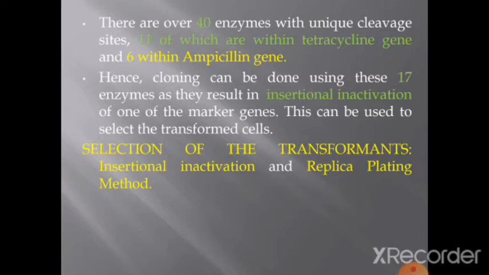By inserting the DNA of your choice, you are making the tetracycline resistance gene inactive so that it will be susceptible to that particular antibiotic. So screening and selection will be very easy, right? So selection of the transformants is by insertional inactivation, followed by the replica plating method.